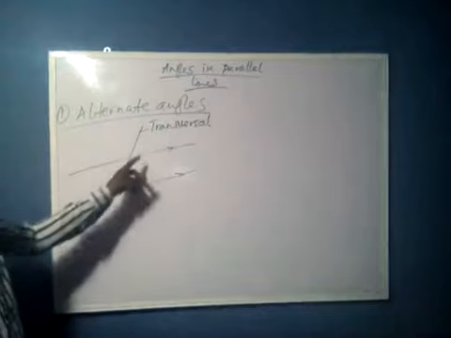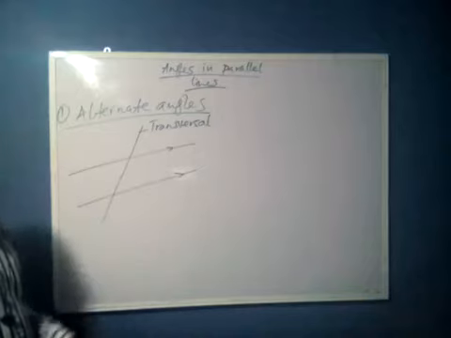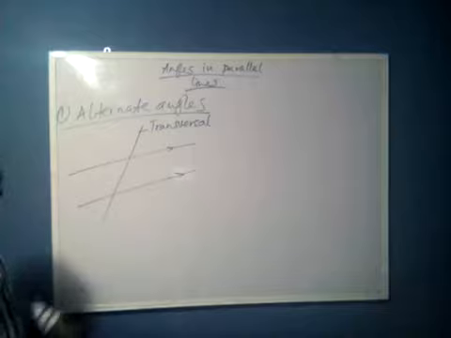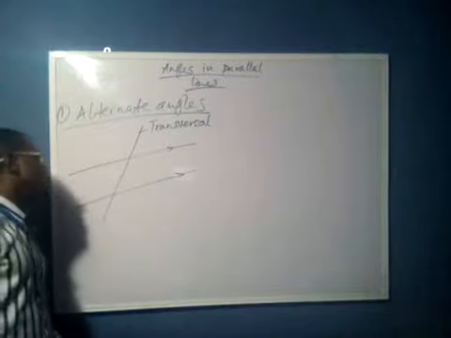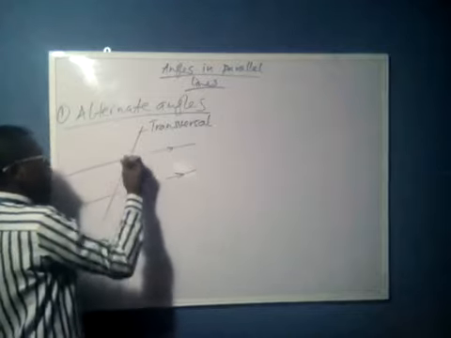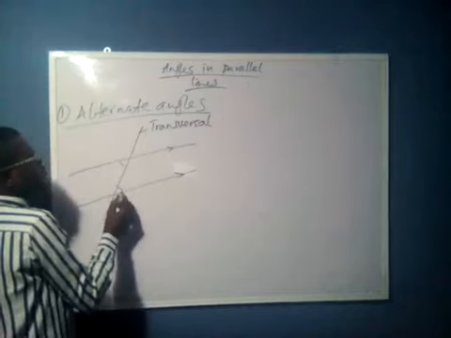Since both lines have a relationship as parallel lines, the relationship will show that some angles are actually related. If we look at this, the angle here is similar to this one.